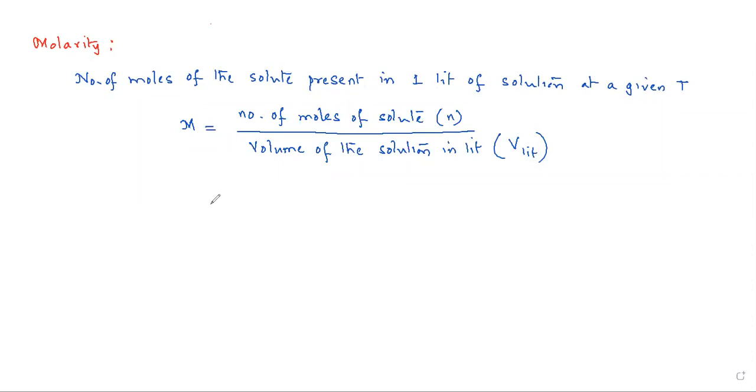Now, we can just modify this because we know that the number of moles can be calculated as weight by gram molecular weight.